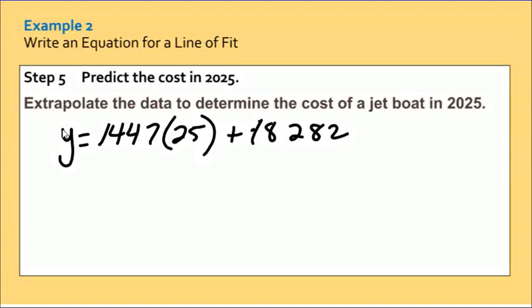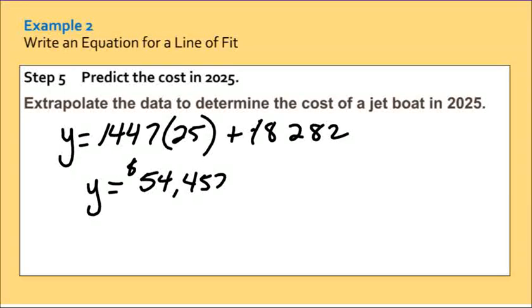So I'm going to take 1447 times 25, and then I'm going to add 18,282 to that, and we should have y equaling $54,457. That would be the estimated cost of a jet boat in 2025.